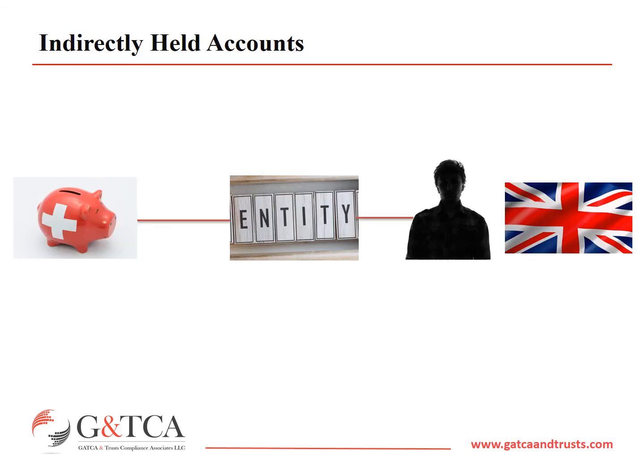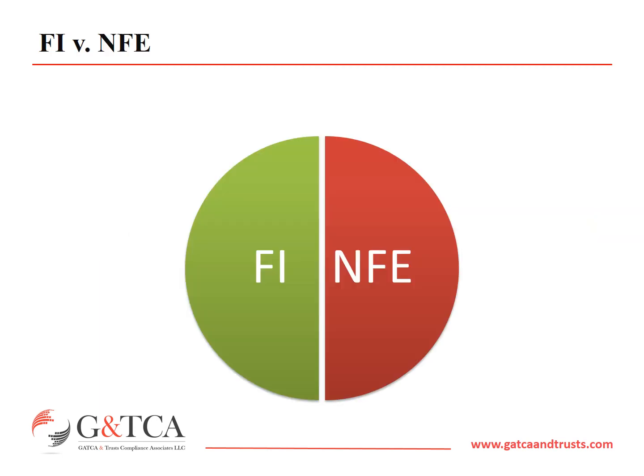Just like under FATCA, CRS addresses a situation where a taxpayer tries to hide behind an entity and have an account at an FFI held in the entity's name, not in the taxpayer's name. Also, just like under FATCA, CRS divides the entire world of entities between FIs and NFEs.